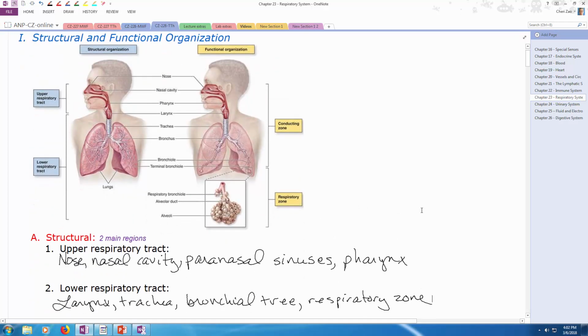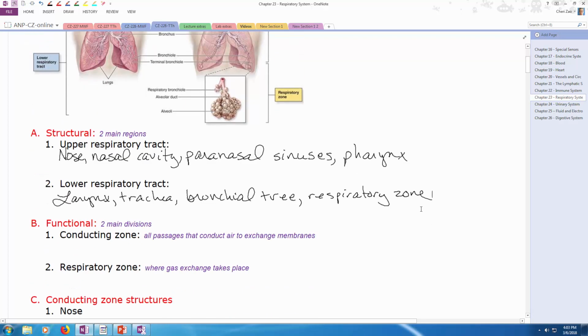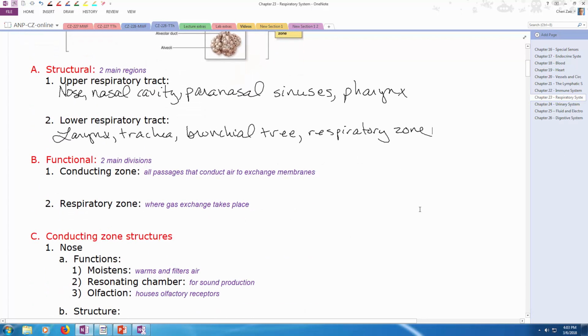Functionally, let's go ahead and take a look at the picture functionally. Conducting zone, this is all about moving air. Respiratory zone is all about gas exchange. So, conducting zone, moving air. No gas exchange in the conducting zone.